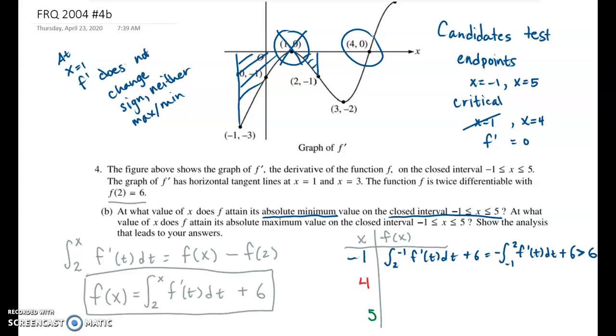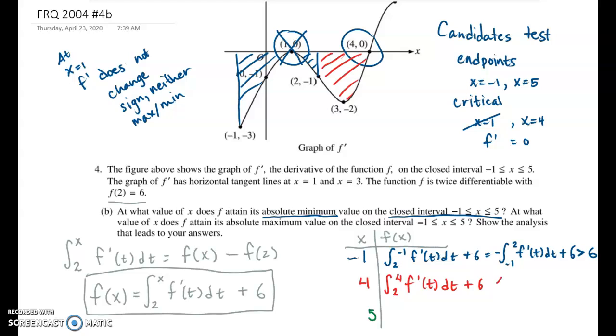Okay, now I'm going to look at the integral from 2, oops, I wanted to change to red here because we're on a different line. So we're going to look at the integral from 2 to 4 of f prime plus 6. This integral, in a handy way, is in the correct order, from 2 to 4. So if I look at from 2 to 4 here, I have all this area, but it's all below the x-axis.